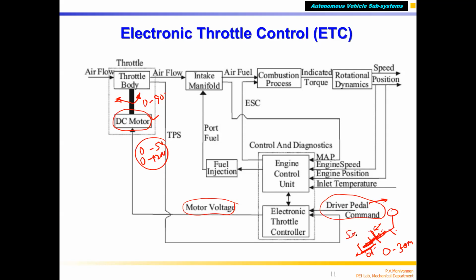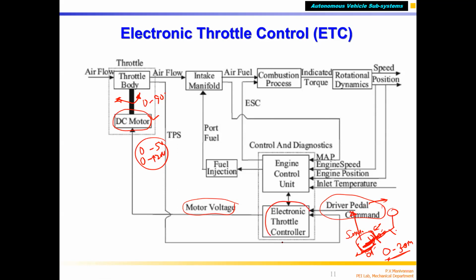Again, this is a sensor which measures how much the throttle pedal is pressed. 0 means the throttle is in idle condition, and the maximum is 30 mm, 3 centimeters or 5 centimeters, depending upon design. When you press, this movement is measured by a sensor, called the driver command.